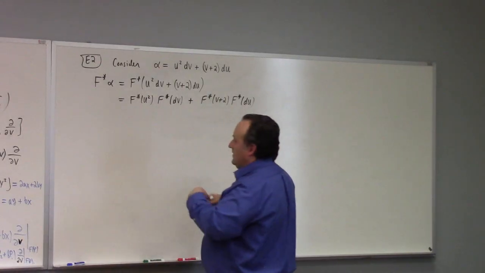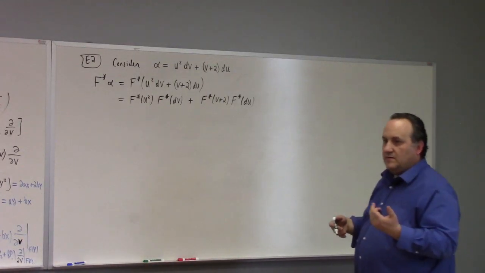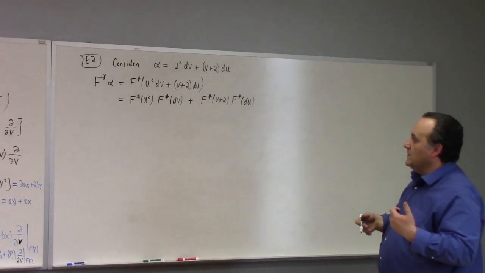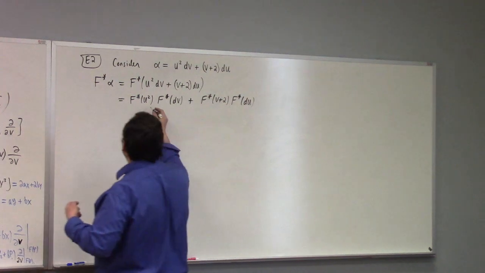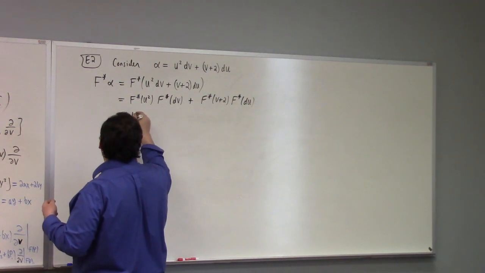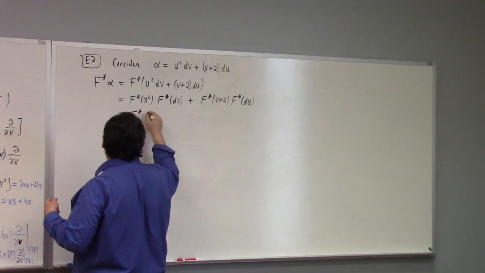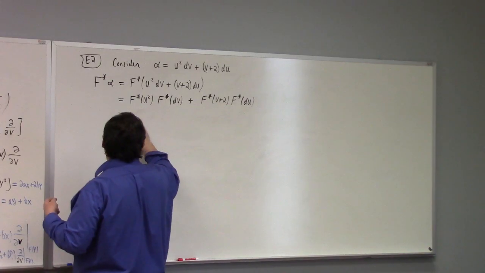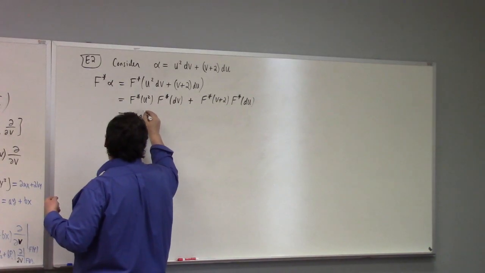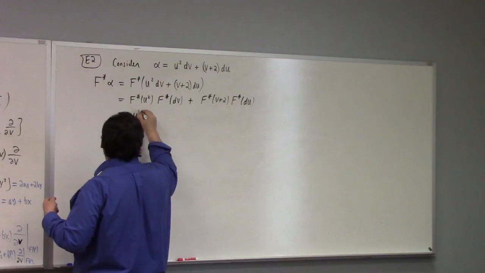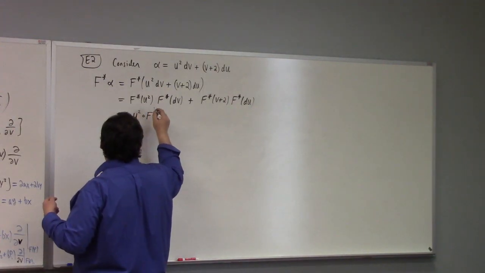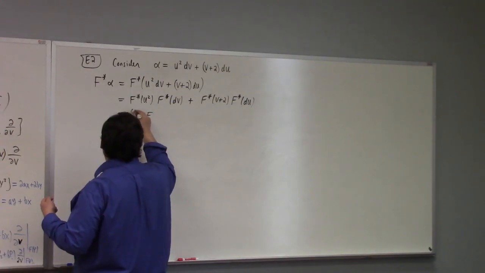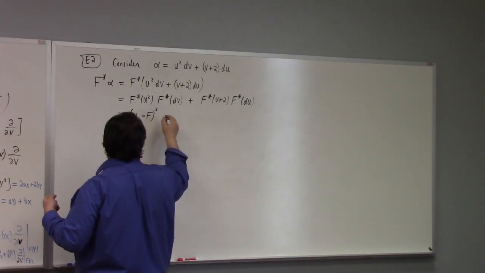You could put wedges if you wanted, but it's not necessary in this particular context. Now, of course, what does the pullback of u squared mean? Well, let's just get to the point. This is u squared composed with f. Maybe I should write it as u composed with f, squared. That might make more sense.